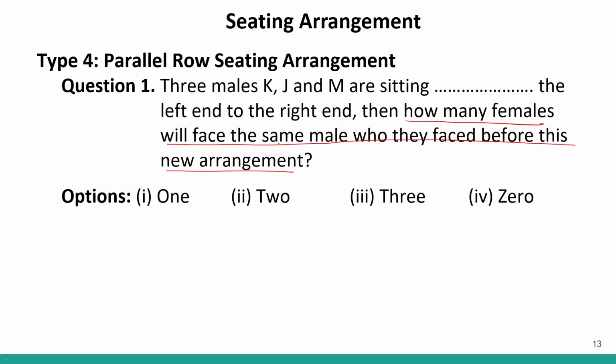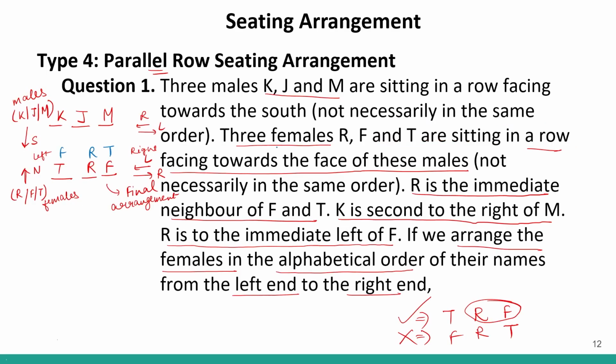So coming back to the arrangement. Initially, T was facing K, correct? R was facing J and F was facing M. This was initially. Now after rearrangement, F is facing K, R is facing J and T is facing M. So how many remain the same? RJ is the only one that remains the same. These two have been interchanged.